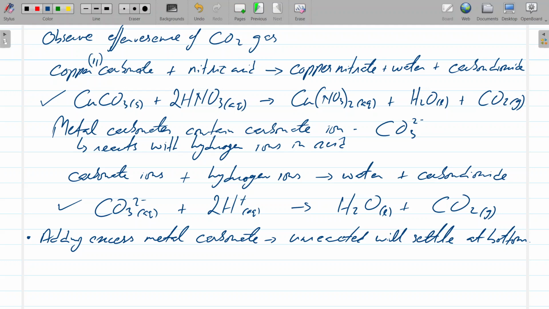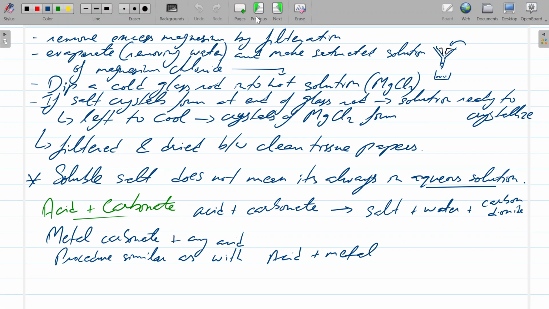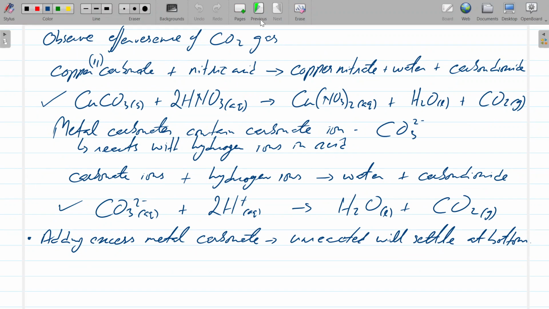How do you isolate it? It's the same as we had over here. You're removing the excess metal carbonate by filtration.